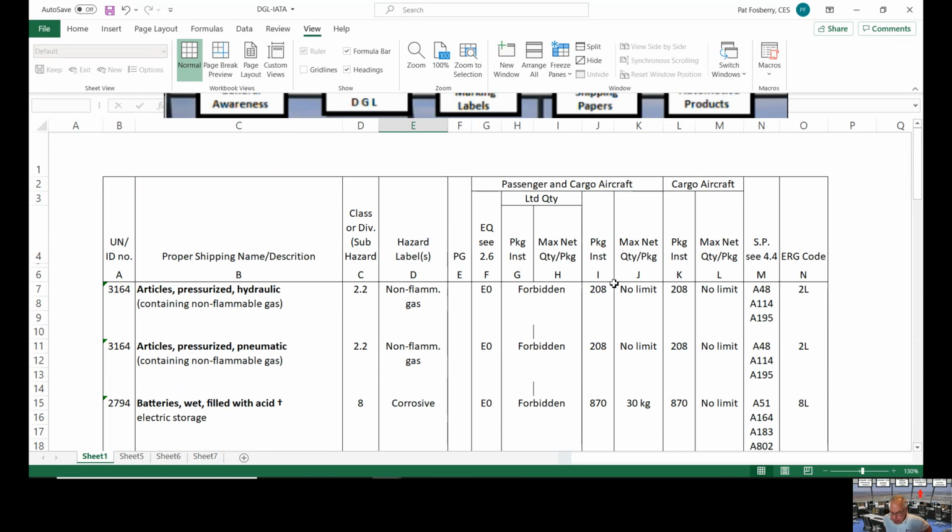And let's scroll back up. So we've got that out of the way. So now we're going to ship this stuff, and we know that it's dangerous goods. So how do we ship it as dangerous goods to go out via air? And again, we're thinking the normal air freight route is passenger aircraft. That's where a lot of things move. The ones that are cargo only, those could be possible.